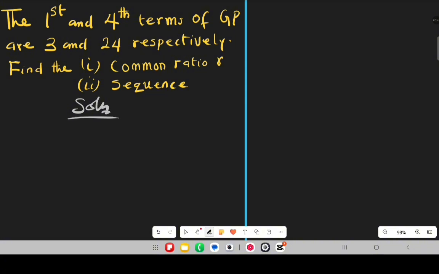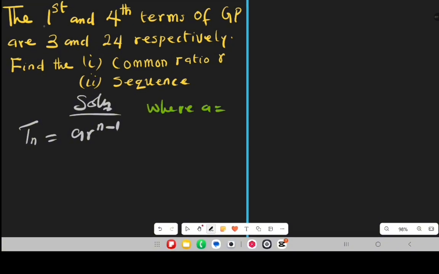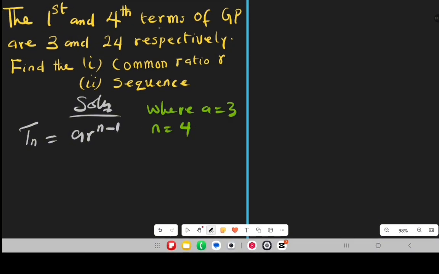The formula for finding the nth term of a sequence is given as Tn equals a r raised to the power of n minus 1, where a is the first term, which is given as 3. When n is 4, the fourth term is equal to 24.